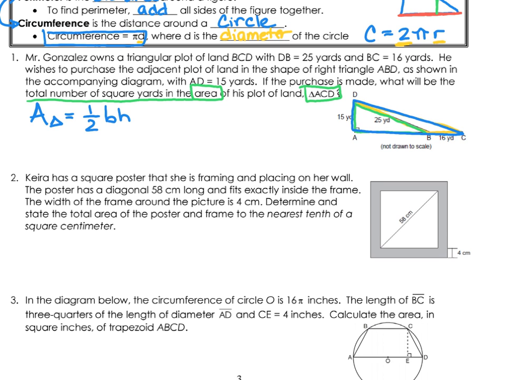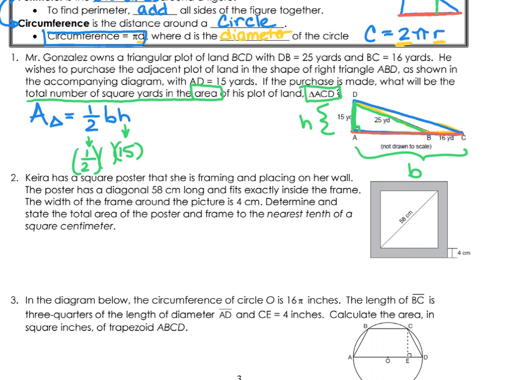We can use this here as our base and this here as our height because you can see the right angle, they're perpendicular. So we're going to use AC as our base, and we'll use AD as our height. The cool thing is we already know what the height is, so we're going to replace this H with a 15. We're going to keep this 1/2 because it's part of the formula. It has to stay.